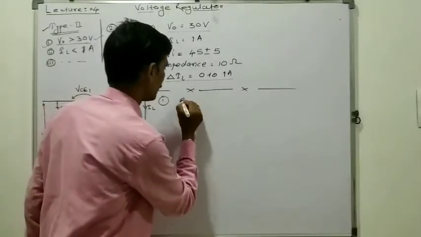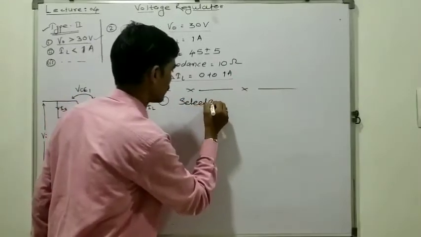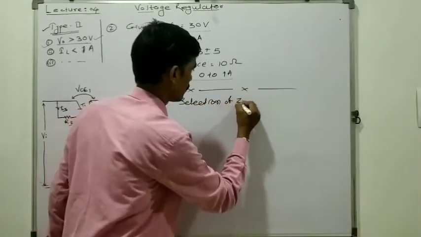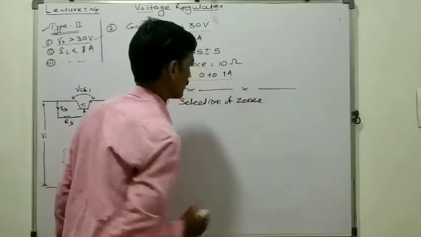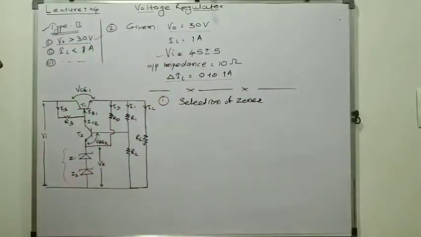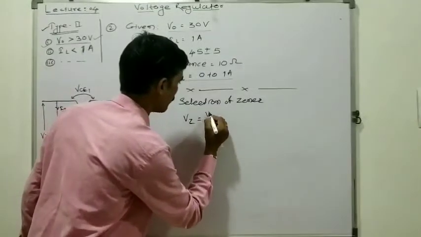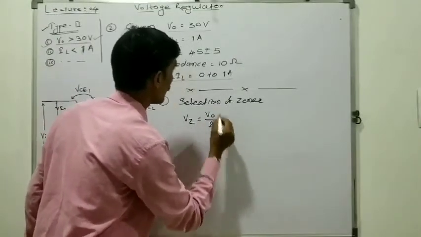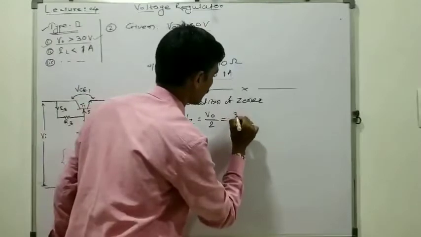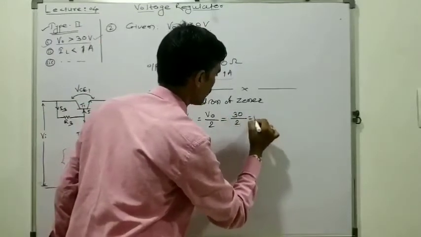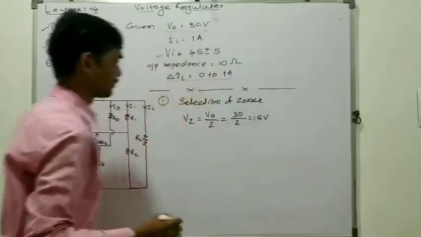So we know that for selection of Zener, VZ is equal to VO by 2. We have VO equal to 30 volt, so 30 divided by 2 is equal to 15 volt.